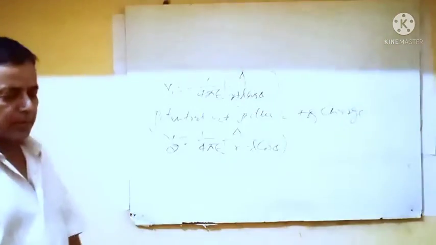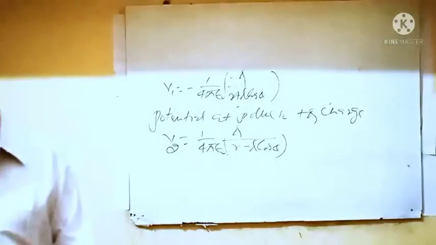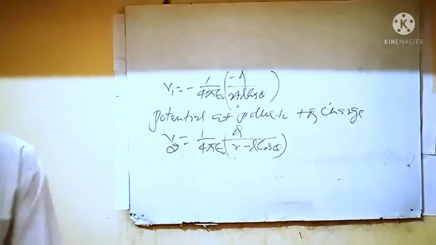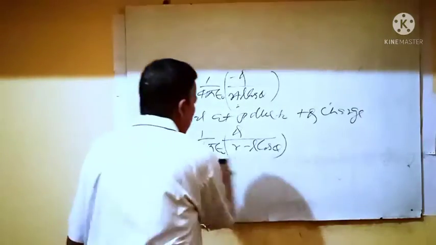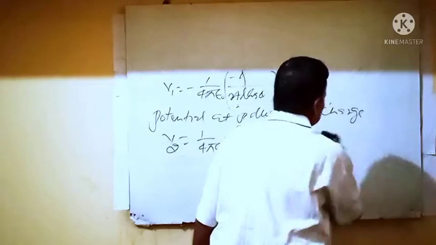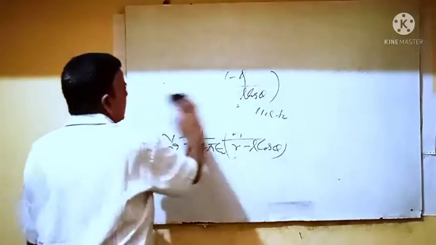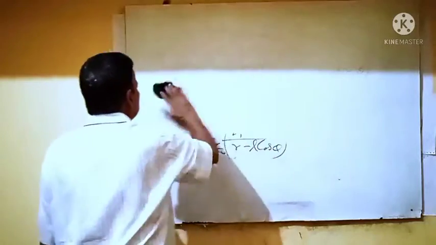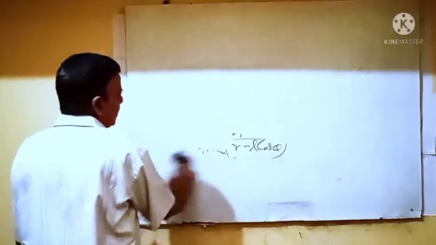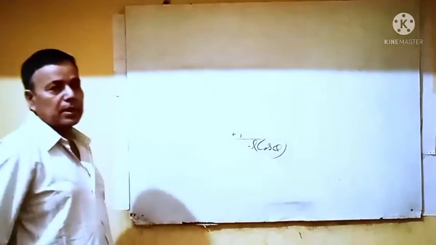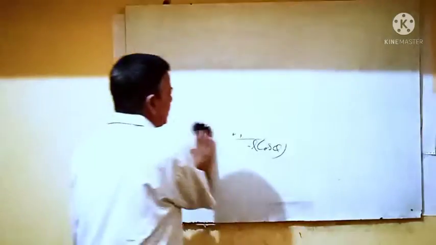Now what is the electric potential due to the electric dipole? Both will be added to each other. We will get the electric potential at the point P due to the electric dipole.